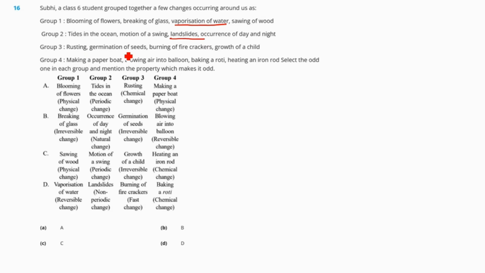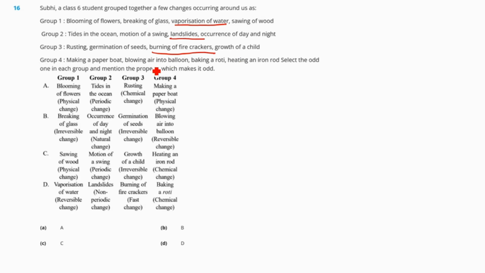Group 3: rusting, germination of seed, burning of firecrackers, growth of a child. All these are slow changes. Rusting, germination of seed, growth of a child, they happen slowly. But burning of firecrackers is a very rapid change.